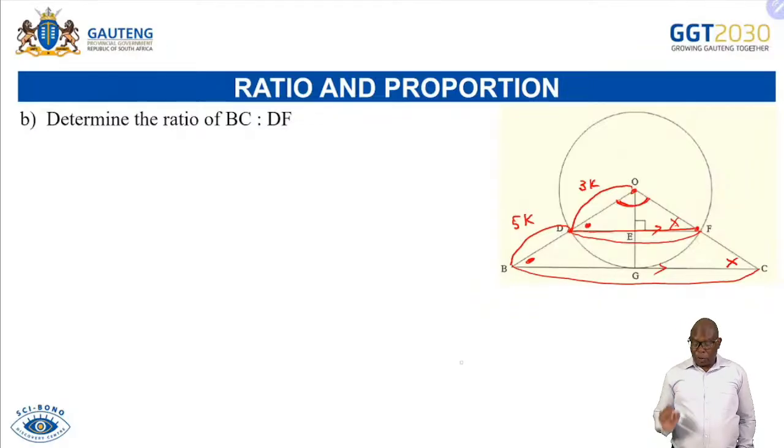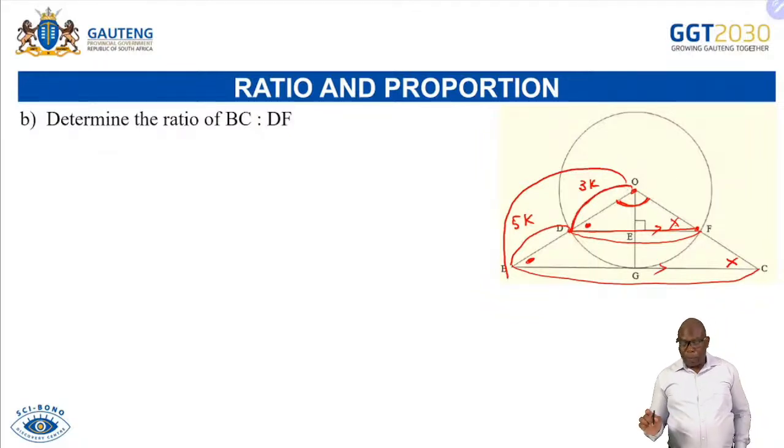Now, I need the ratio there. Remember, I need the ratio. So for me to get the ratio of this, I need to get this part here over this part. Or let me write down the similarity first.